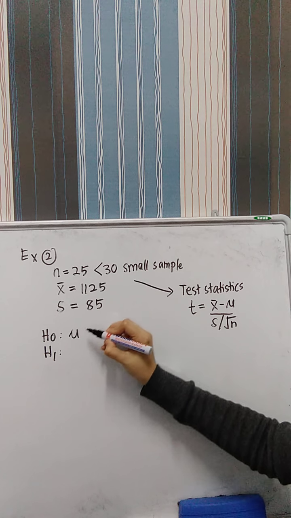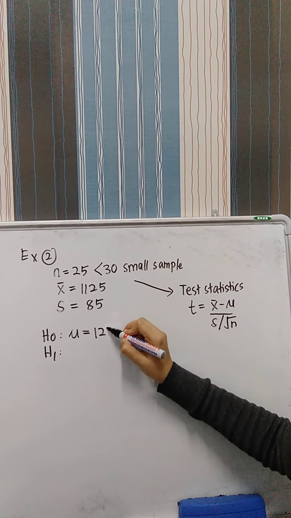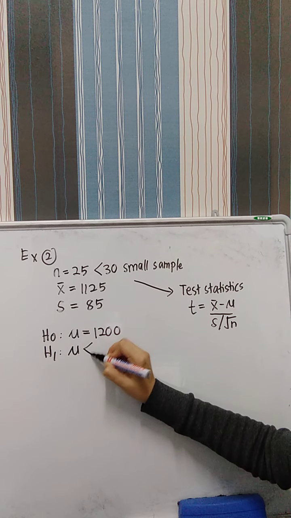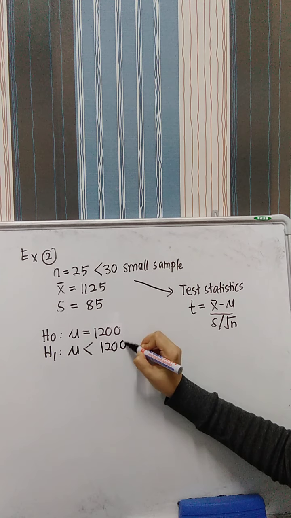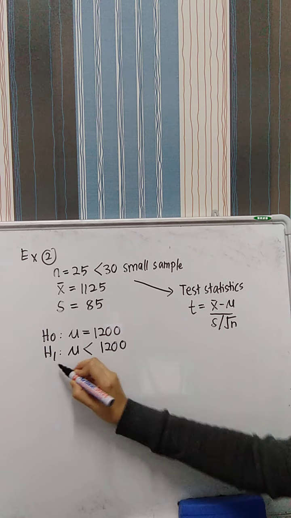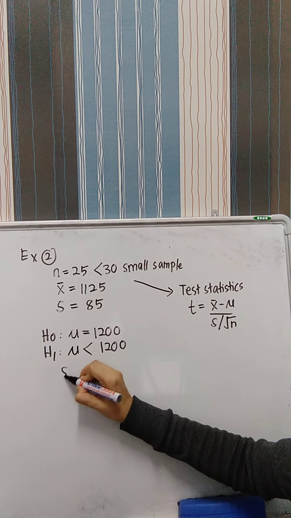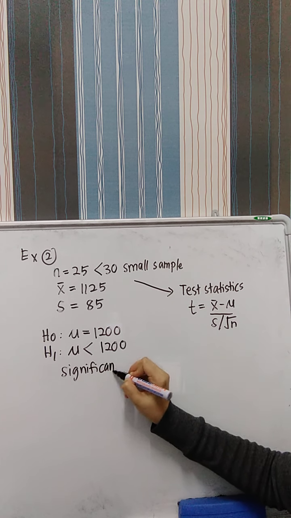So your H null here is mu equal to 1200. So less than, the symbol is less than 1200 for the H1.